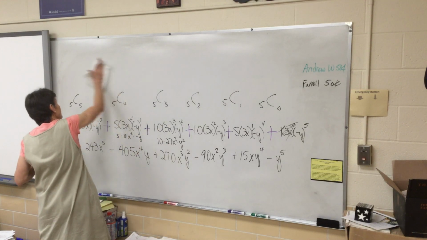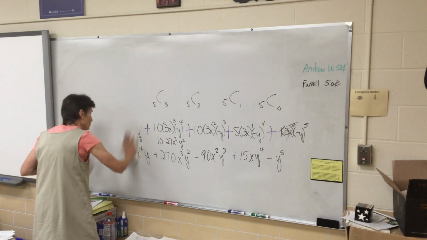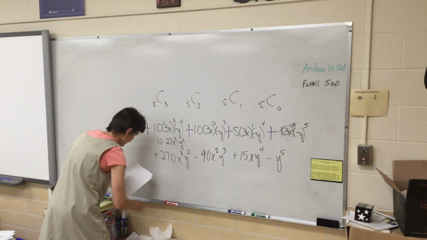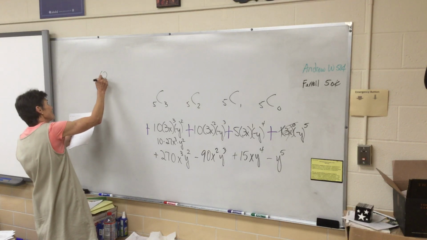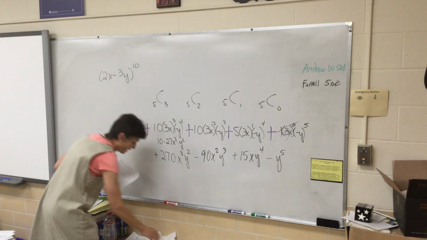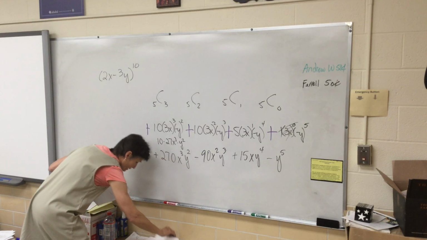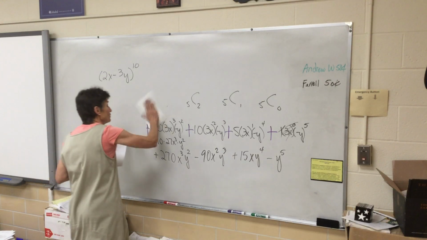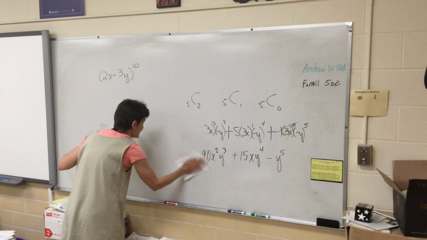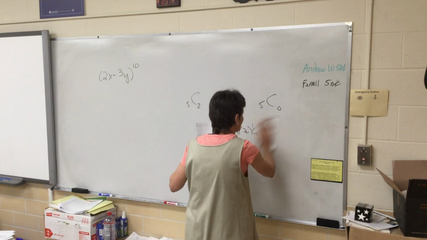All right, we got another one just like that, except luckily we do not have to write it all out, because this one is 2x minus 3y to the 10th. Oh my gosh. Can you even imagine writing this all out? Luckily, we don't need to. But we need to do basically the same thing.